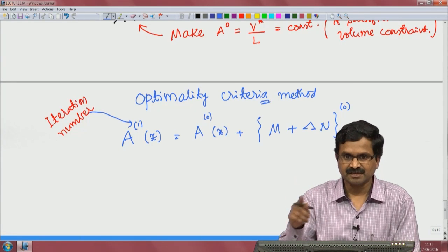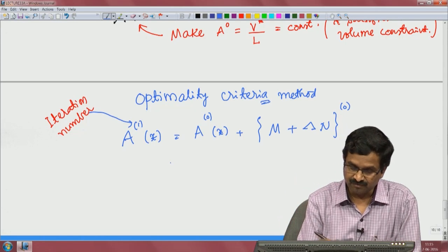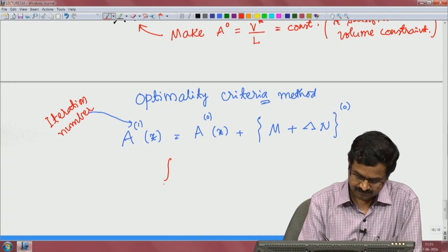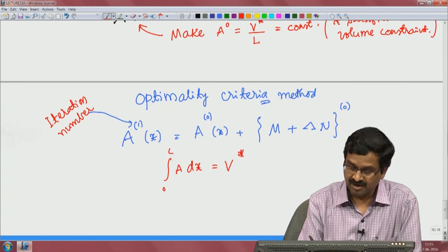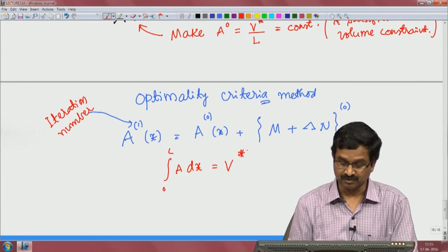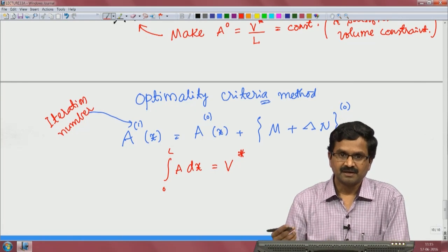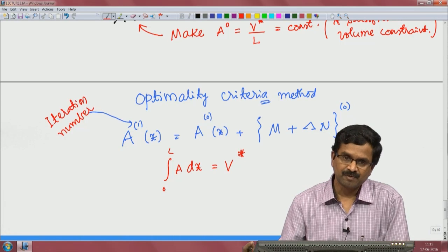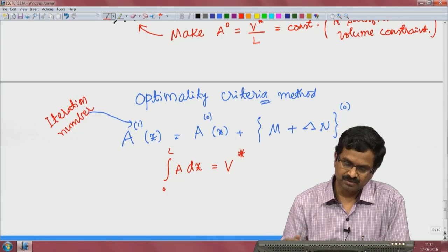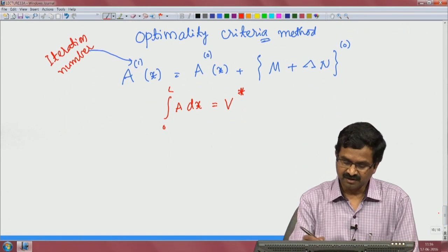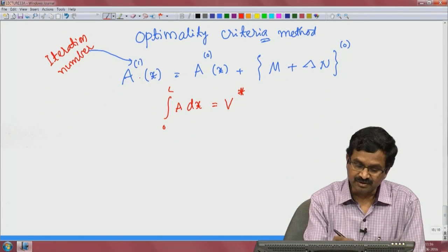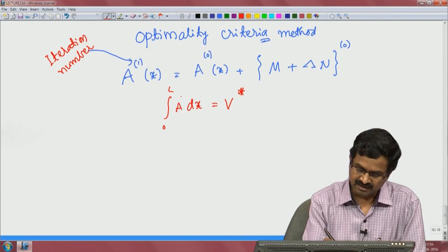The less than or equal to sign goes away, and we have integral 0 to L of A dx equal to V star, not less than or equal to anymore.